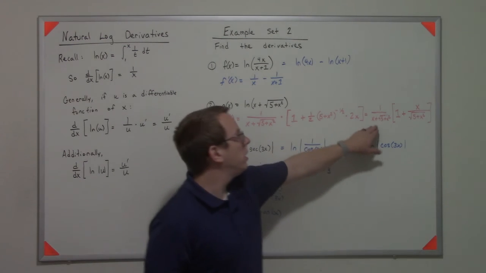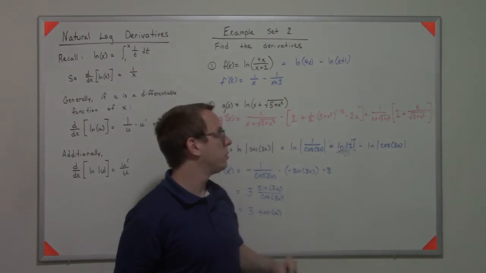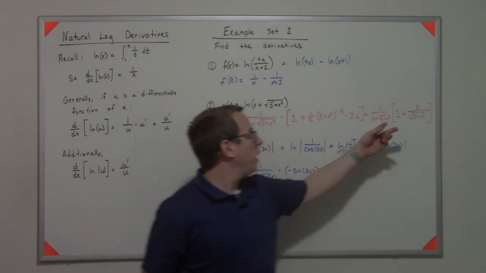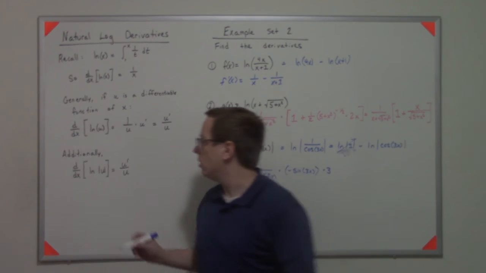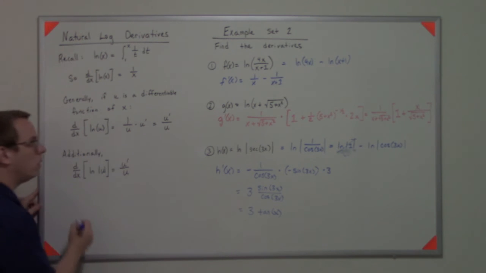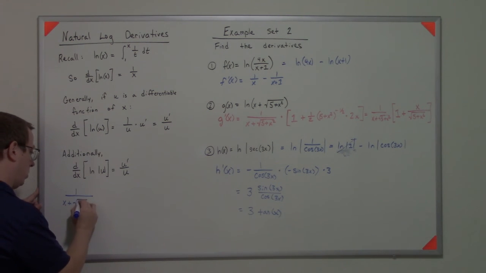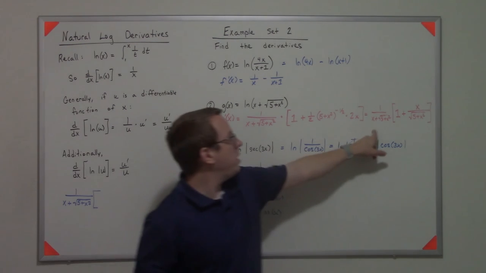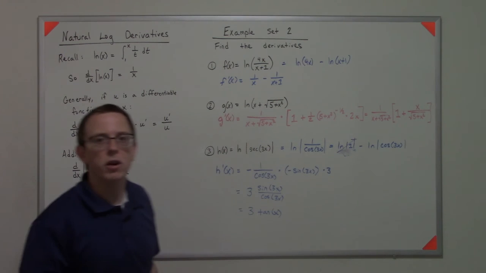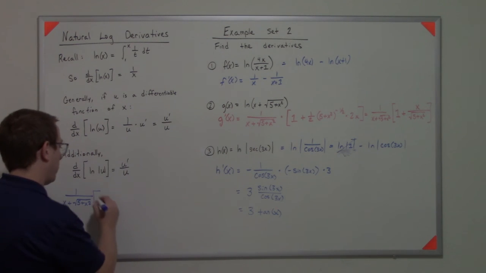Now for this one, let's be a little clever with ourselves and get a common denominator here. We have this piece. For this piece, the common denominator is the square root of 5 plus x squared.